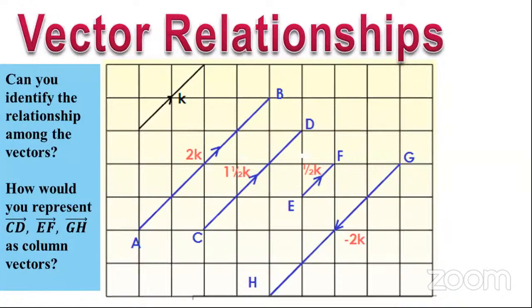Share with us on YouTube, in the chat: what is the relationship you observe about these vectors, and how would you represent the vector CD, the vector EF, and the vector GH as column vectors? We're giving you about 10 minutes. Come on, students, get out your books and your pencils, start writing down, and then share your observations.